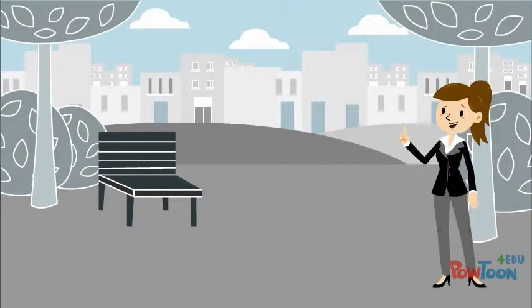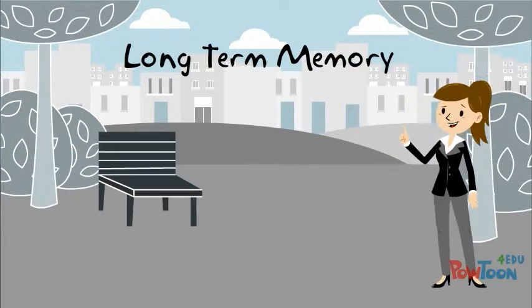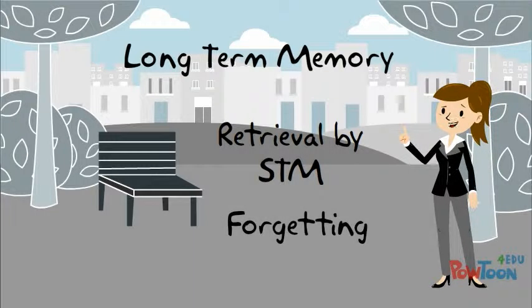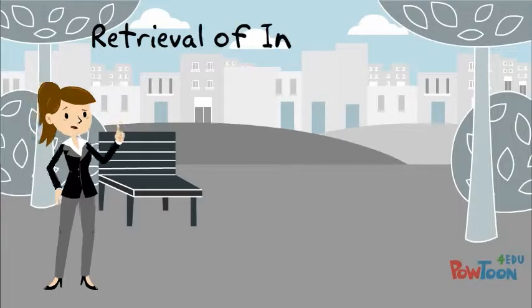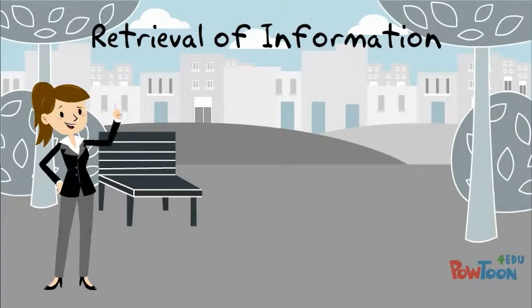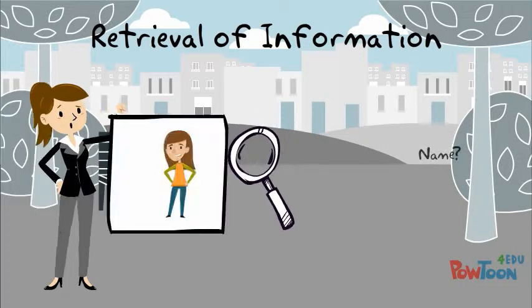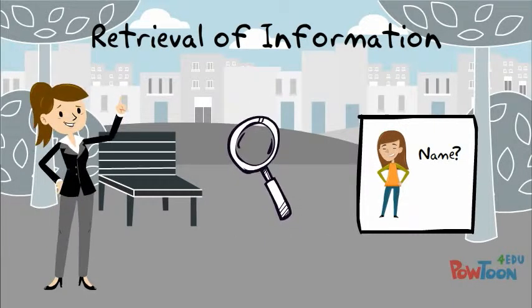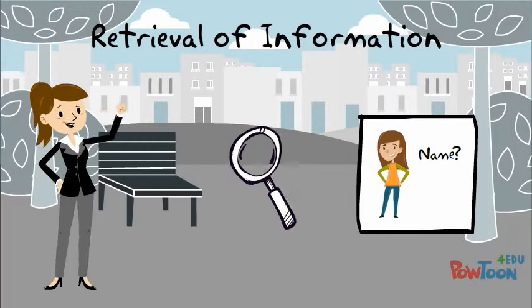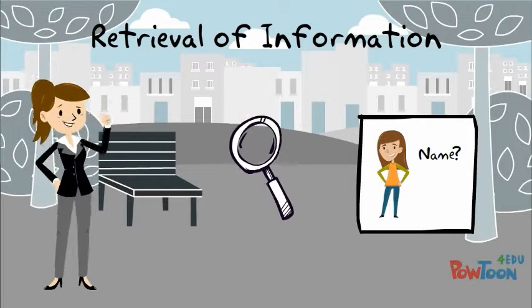CIP theorists are also interested in the retrieval and forgetting of data stored in the long-term memory. The retrieval of information is initiated by the short-term memory, which searches for information to make sense of the information in the holding cells. This search also helps the short-term memory determine where to store the information.